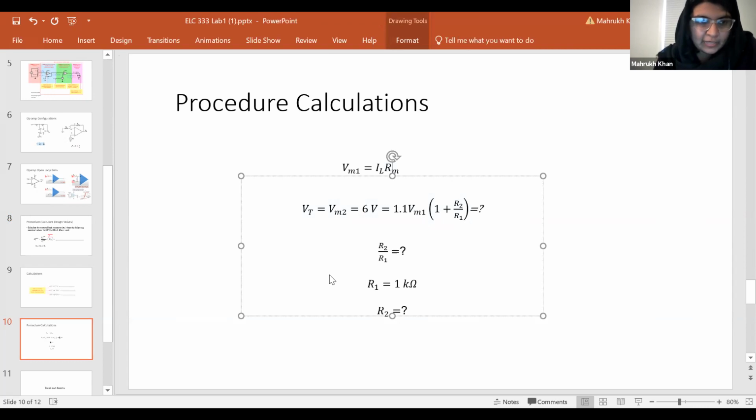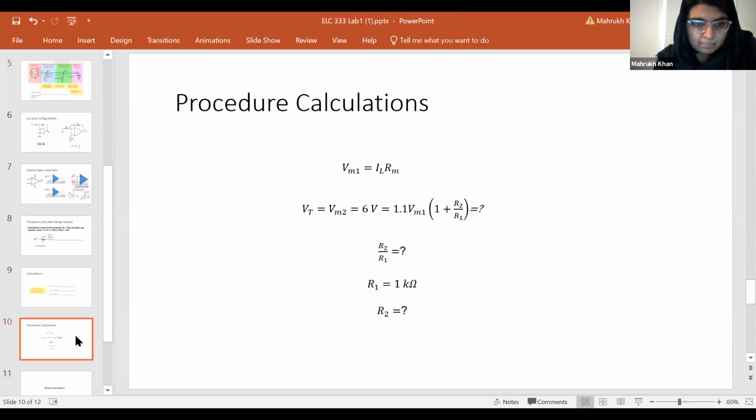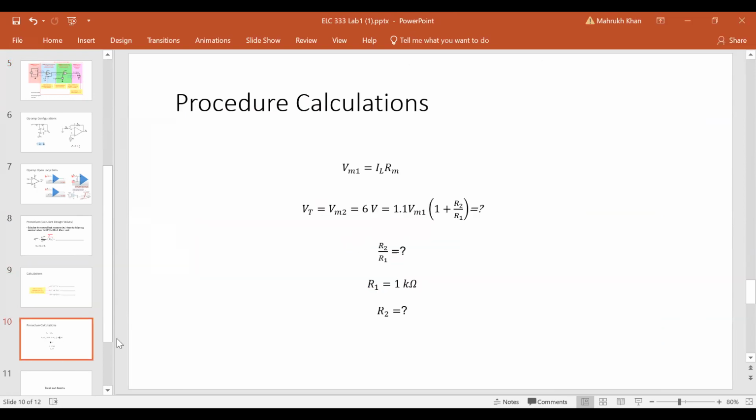That's the only thing left to be calculated. You need to calculate R2, R1, RL, RM, and all other things are set. Sounds good? Any questions? So the calculations have to be done from slides 9, 10, and 11. Yes.